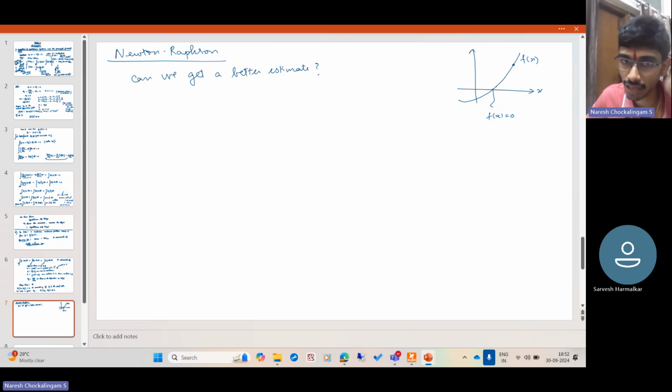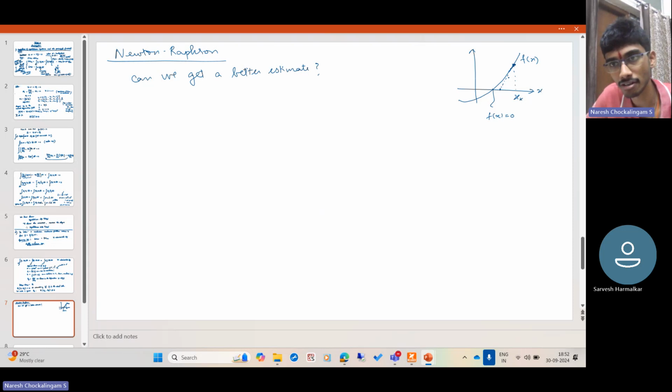If we want to locate this root of this function, we start with a guess, so this point can be some x_k. Given a guess, we approximate the root by the point where the tangent to the curve at this point actually crosses 0.